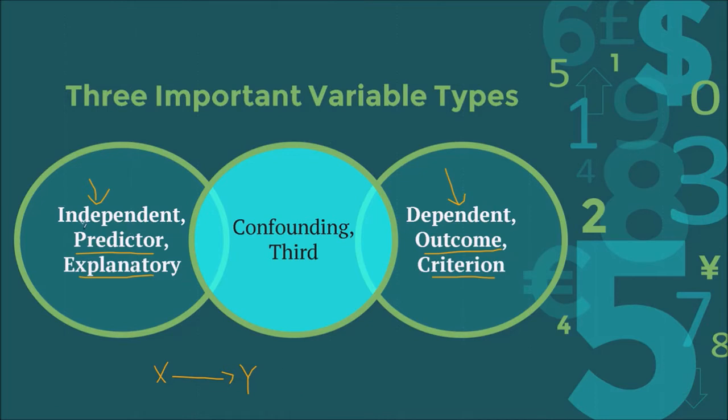So if you want to say IV DV, independent, dependent variable, I'm fine with that, but just know I might use these other terms because specifically those terms apply to experiments and not everything is. Now, a big problem we have is this idea of the confounding third variable. And this is the thing that only an experiment deals with well.